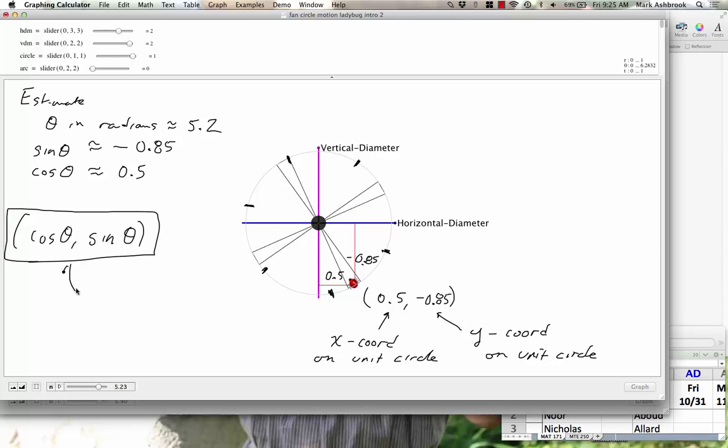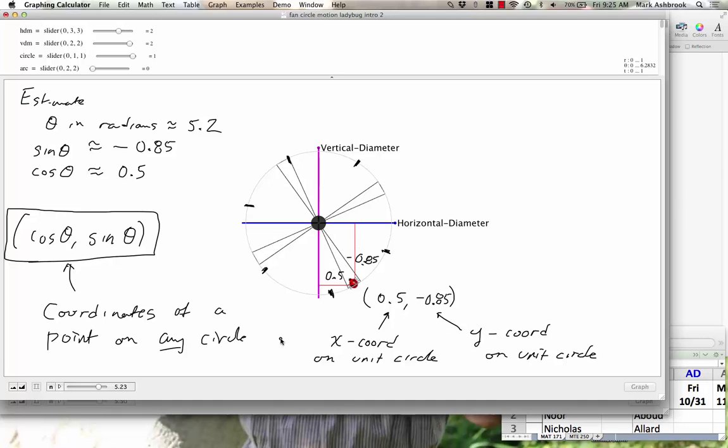These are the coordinates of a point on any circle, as long as you know that you're measuring in fraction of a radius length.